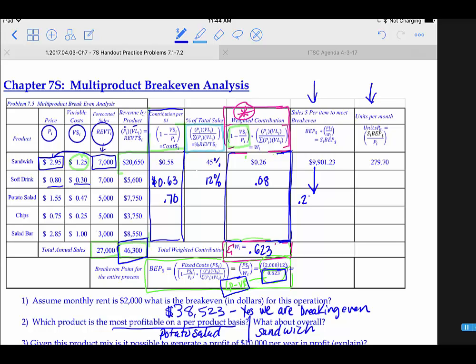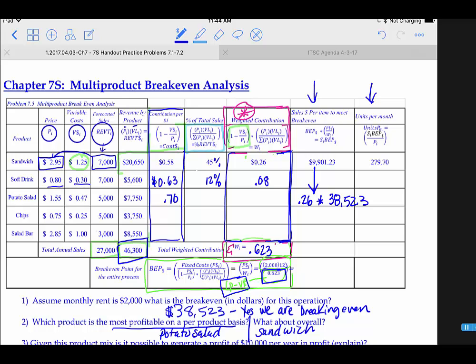So it's going to be 0.26 multiplied by 0.623 multiplied by 38,523. Now, if you put this number in your calculator exactly like this, you're going to get about 10,000, not 9,901, and that's a rounding issue right there.